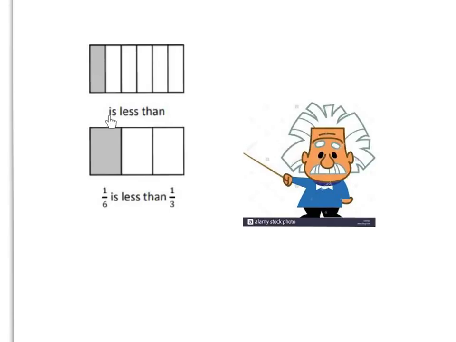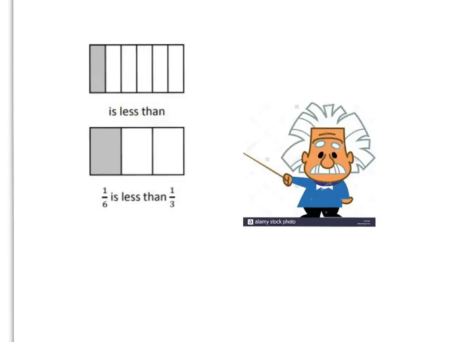Does this picture prove that 1/6 is less than 1/3? Yes, it does, because the shapes are the same size. This whole is the same size as this whole, and I can clearly see that 1/3 is greater than 1/6.